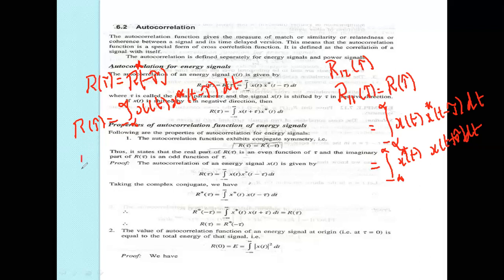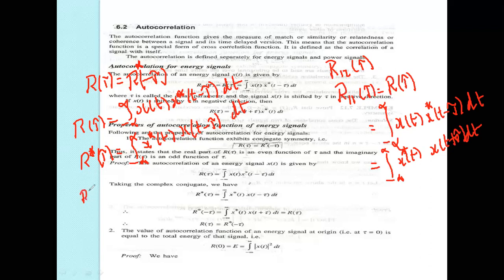Got it, my students. Now take the conjugate on both sides. R conjugate of tau is equal to the integral from minus infinity to infinity of x conjugate of t times, since the conjugate of a conjugate gives back the original function, x of t minus tau dt. Got it, my students?